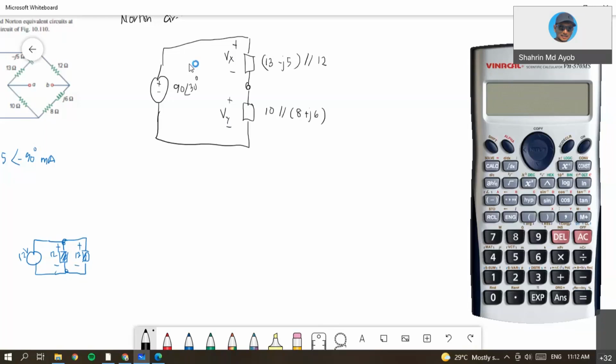So can someone, or maybe using calculator here. So 13 minus J5 multiply with 12 over this one is 25 minus J5.